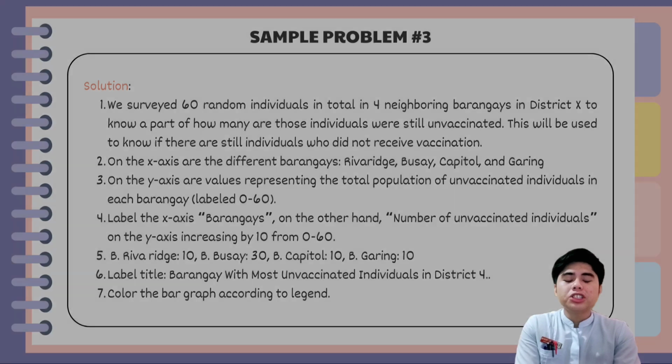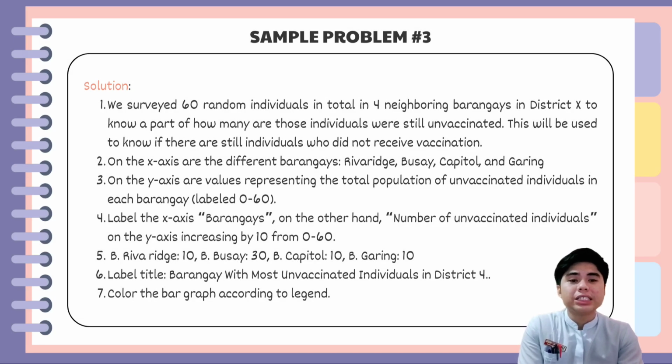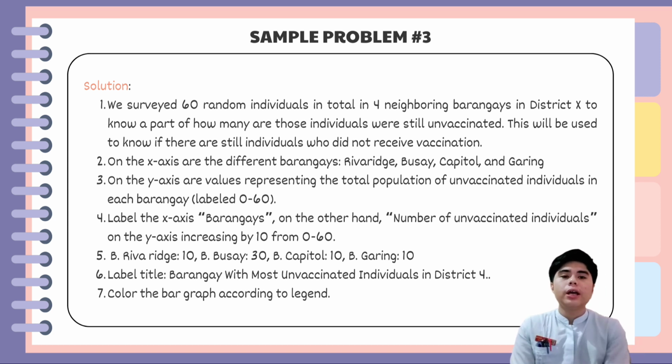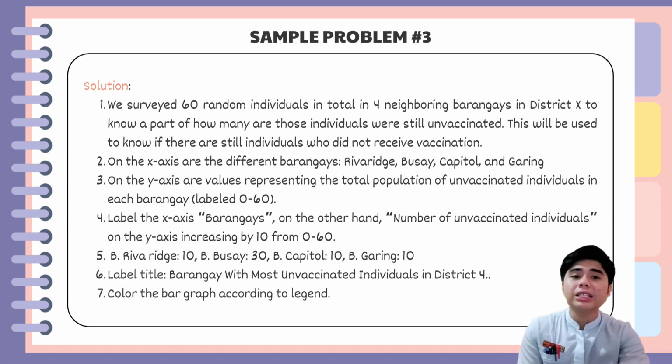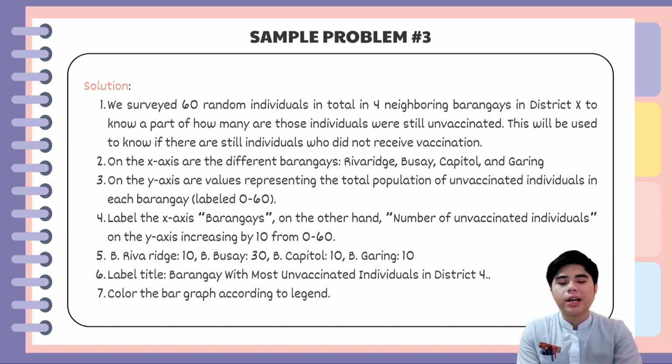And then what she did is that she surveyed 60 random individuals in total in those 4 neighboring barangays in District X and made a bar graph and analysis of the data that she gathered. So first, she labeled the x-axis with the term barangays, namely Barangay Riverage, Barangay Busay, Barangay Capitol, and Barangay Garin.